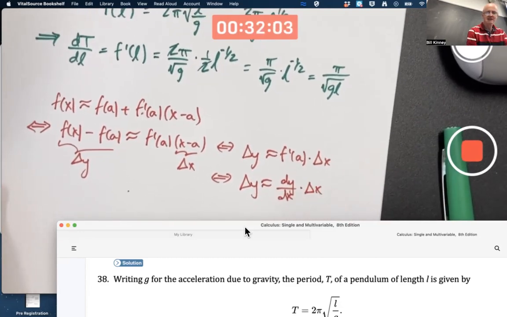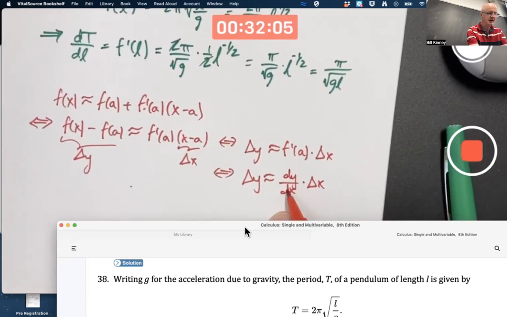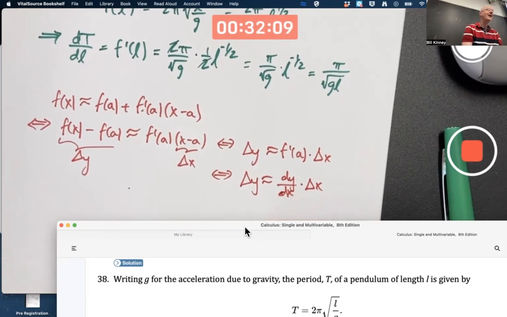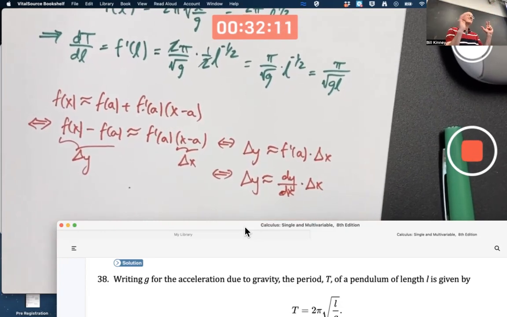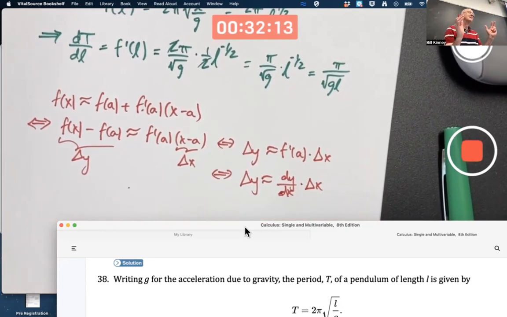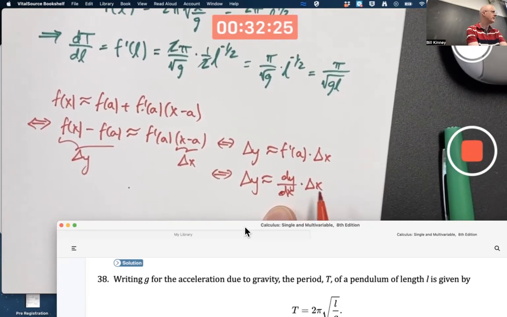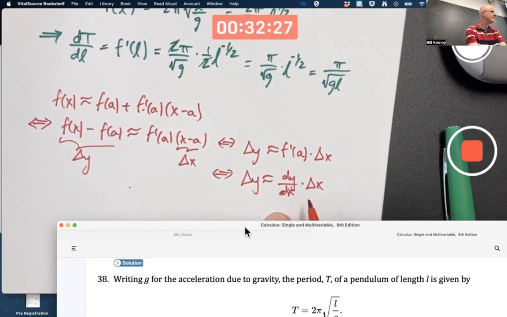It's almost as if you can cancel the dx with the delta x and say delta y is approximately dy. Almost can be thought of that way. I will tell you, scientists and engineers commonly think of it that way. It's not technically correct, but intuitively, they imagine doing it. Don't literally do the cancellation though. Leave it like this.